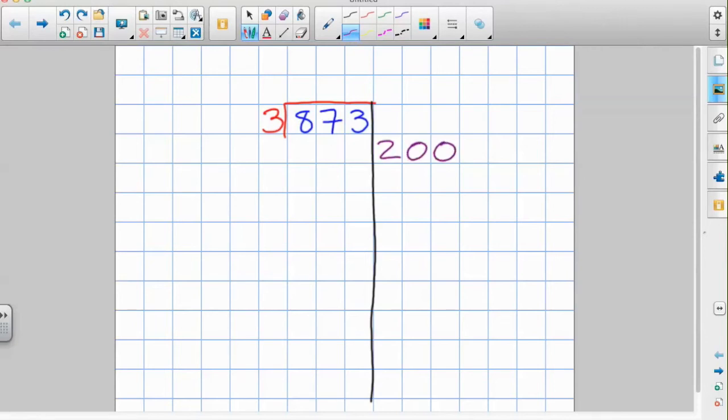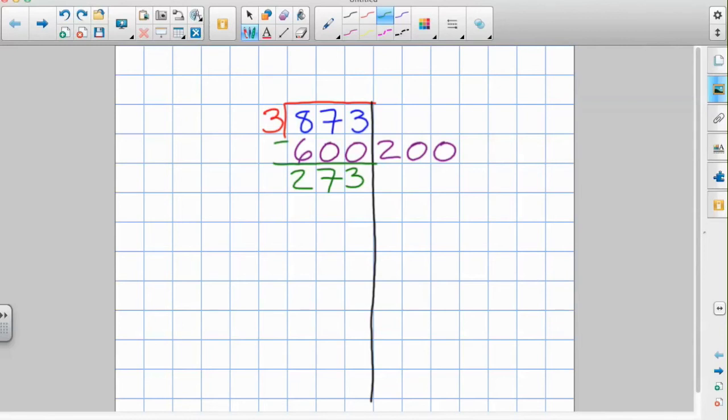Well, the first one that comes to my mind is 200, because 3 times 200 is 600. And 600 is close to 873, but it's not quite there. So I subtract, and I find out how far away I am from 873. 3 minus 0 is 3, 7 minus 0 is 7, and 8 minus 6 is 2.